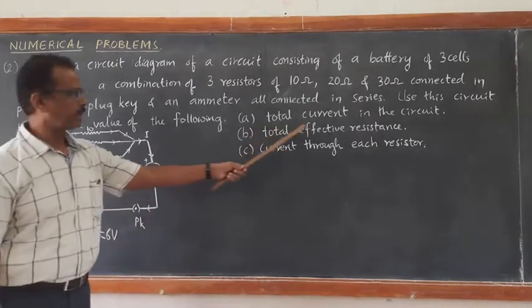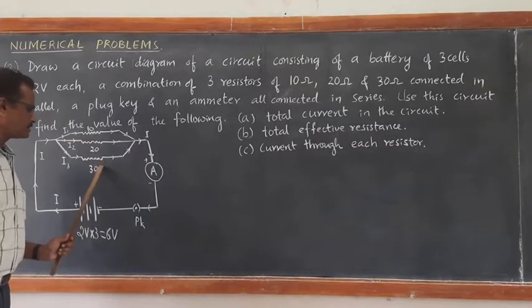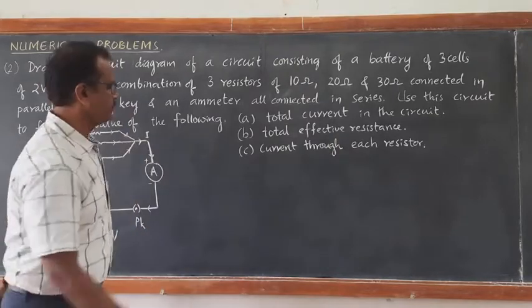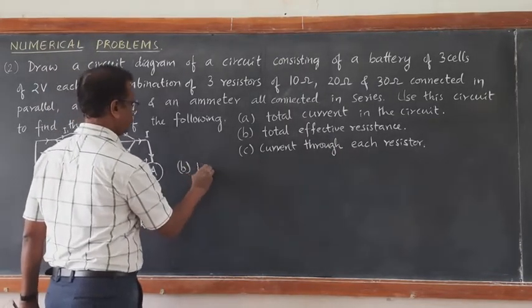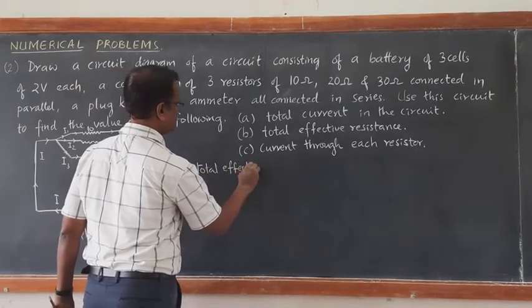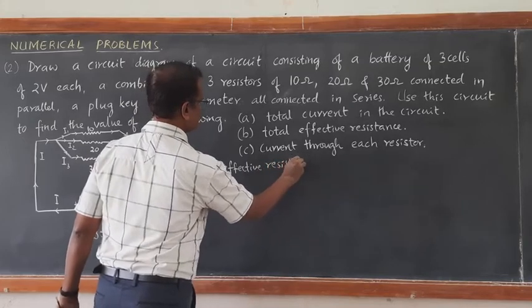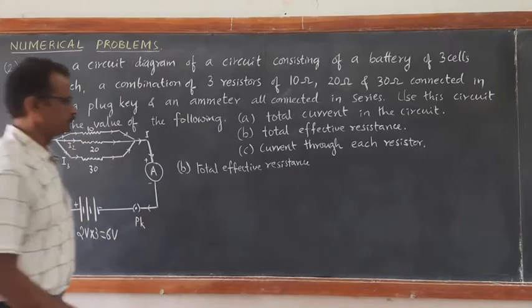So first, total current in the circuit needs to be calculated. How do you calculate? Unless you calculate the total effective resistance. So first we will calculate total effective resistance. Once you calculate total effective resistance, then you can calculate the total current using Ohm's law.